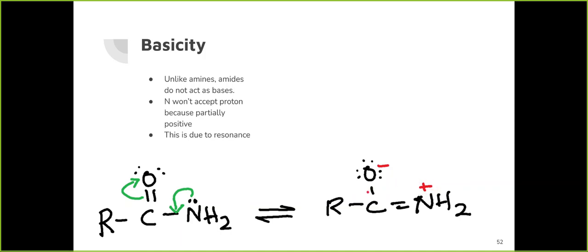And this bond has gone out to the oxygen, and so this is going to have a negative charge. So this is called resonance, in that it exists in both states back and forth very quickly, in nanoseconds, if not picoseconds or even faster. In other words, these don't just stay this way. They can resonate back and forth in these structures. And because of that, this nitrogen will not accept a proton like it does in amines. So it will not act as a base.